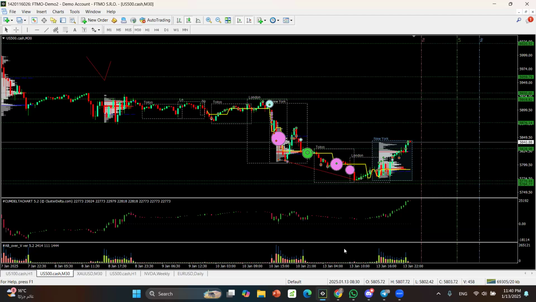Because if it's buying the bot, it means the price will go lower. But if he's selling the bot, it means that he will fight, go high, and will not allow anybody to touch this level down. So what you have to do is buy a call at this level. That's it.